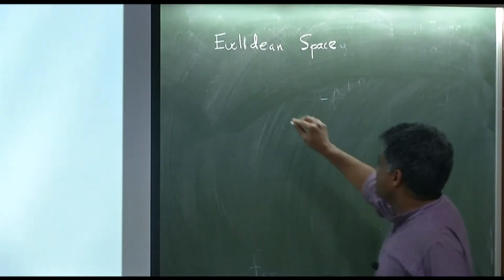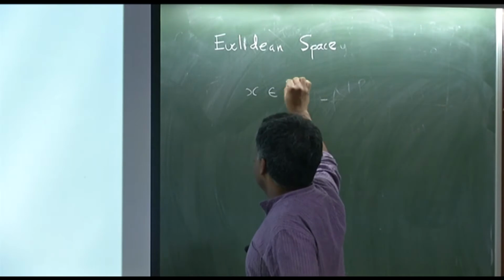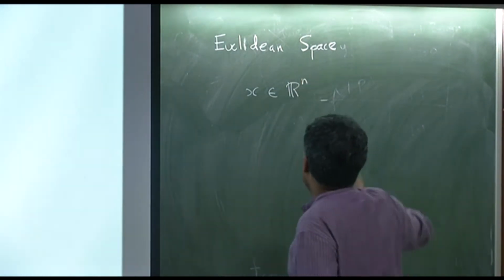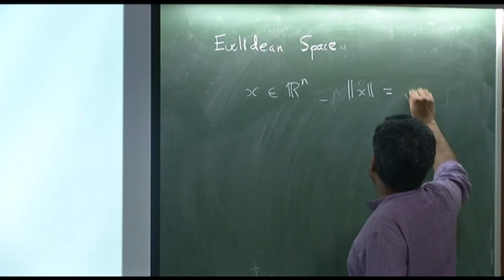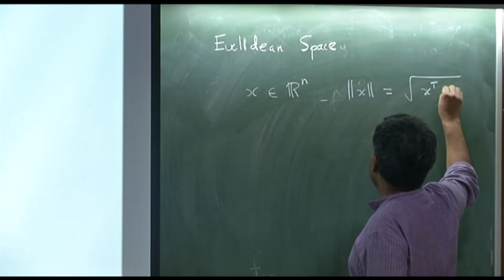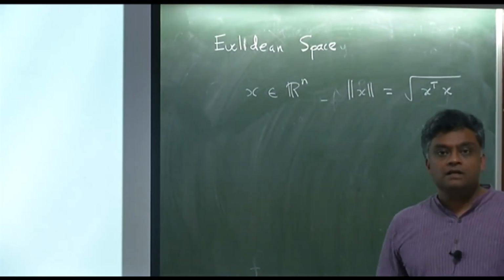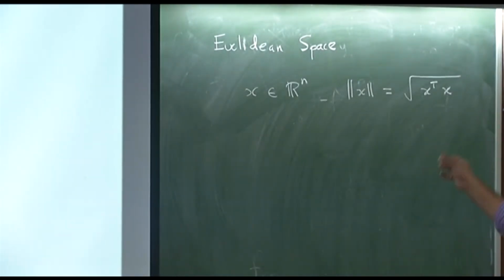In Euclidean space, here we have X, which is some n-dimensional vector. We have a norm associated with this vector, which is the square root of X transpose X. And we have a notion of angle in this space.